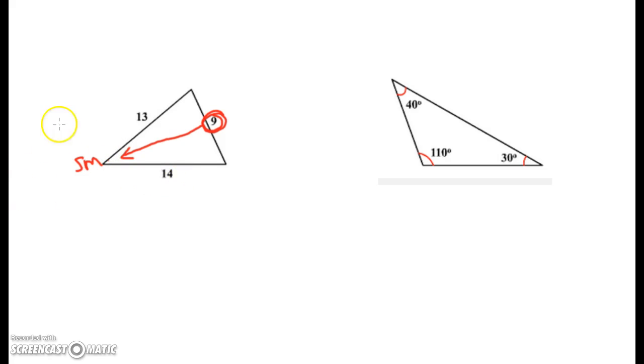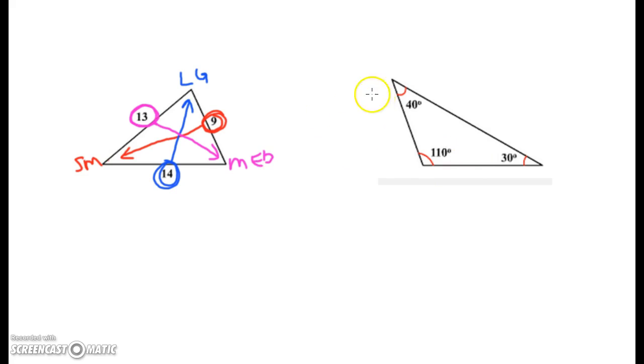And if we know that 14 is the biggest side of this triangle, I can tell you with certainty that this angle that's across from it is the largest angle in the triangle. And same thing here, except 13 is the medium side, so I can go across from it and tell you that this is the medium angle.